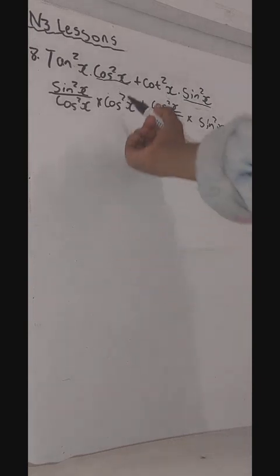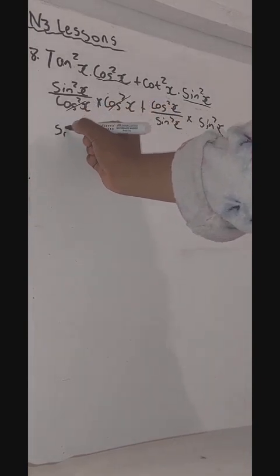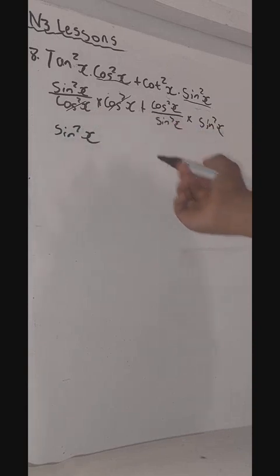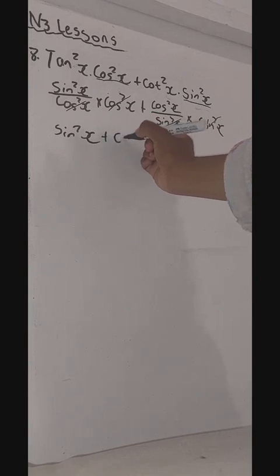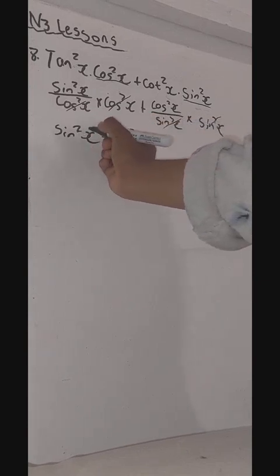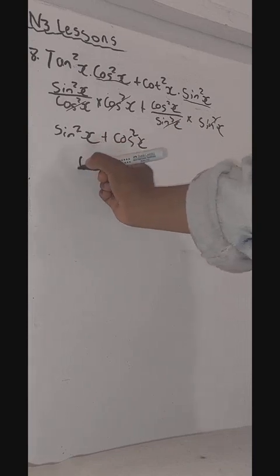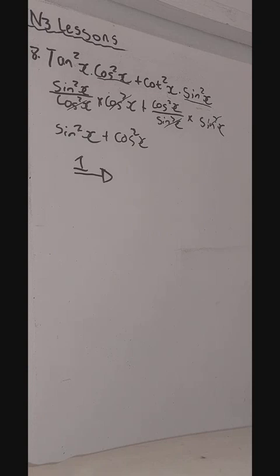And from this, I get my answer to be sine squared x. And from this, we cancel, plus cos squared x. Sine squared plus cos squared is equal to 1. You see how easy these things are, guys? They're very easy.